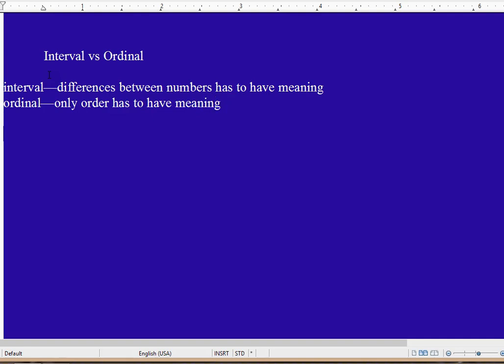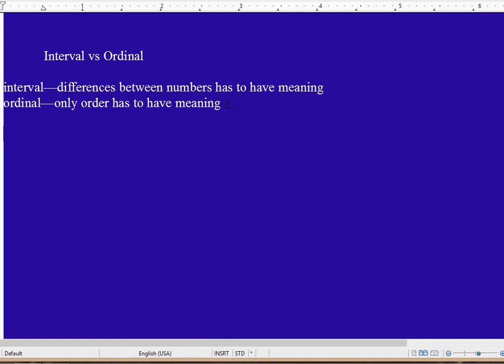And we said before, if you have interval level data, that is automatically ordinal. I mean, if you can tell differences, that means in particular you can tell which one is bigger than the other one. So if you have differences, you also have order. On the other hand, it's quite possible to have order but not be able to tell differences.